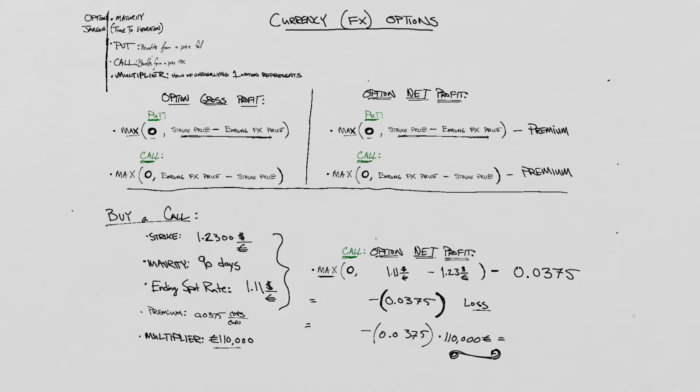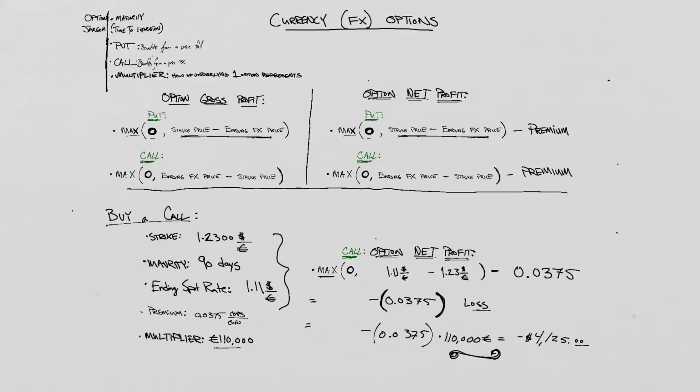So the net total loss for this option then becomes not minus 3.75 cents, but minus $4,125. And so you can see how one single option can actually represent a significant amount of capital that you put at risk.